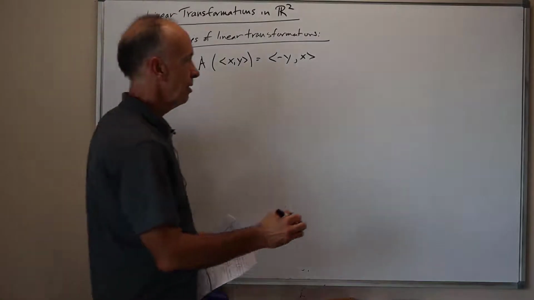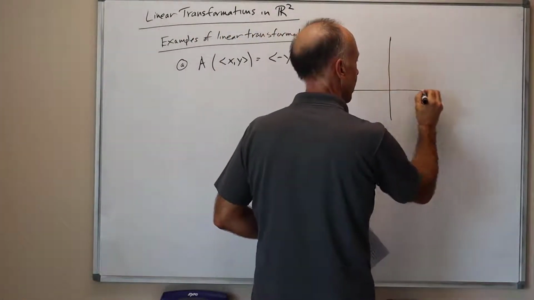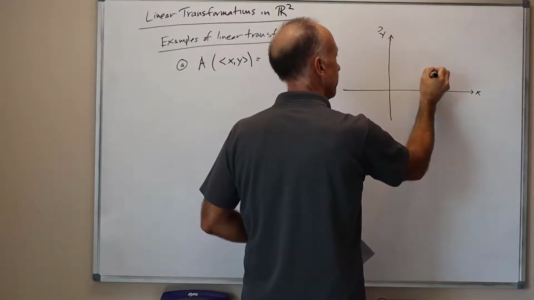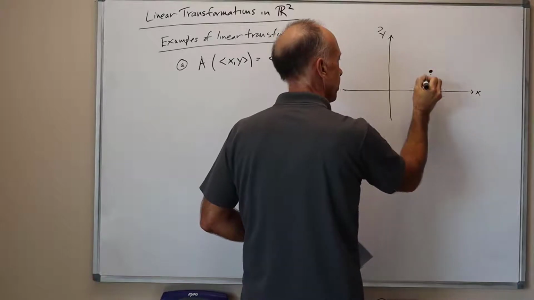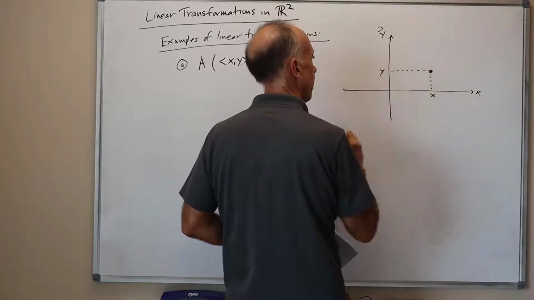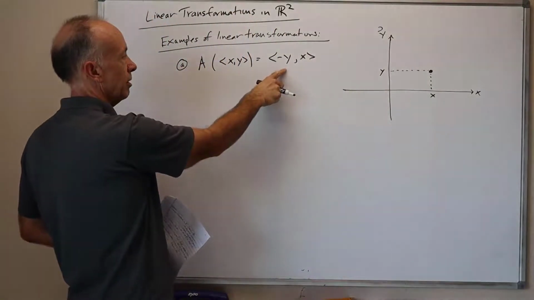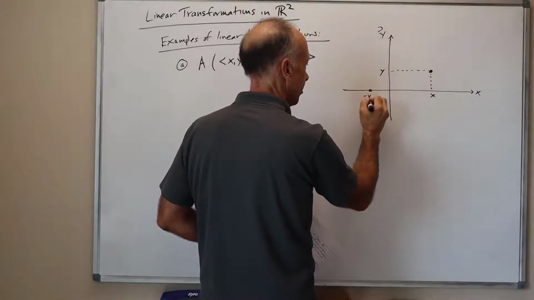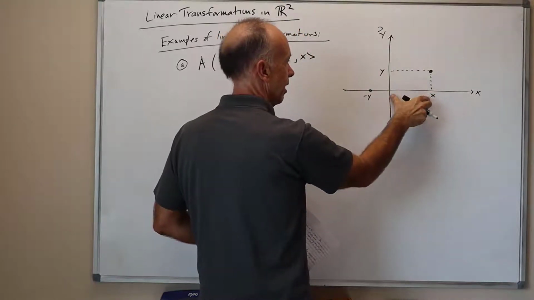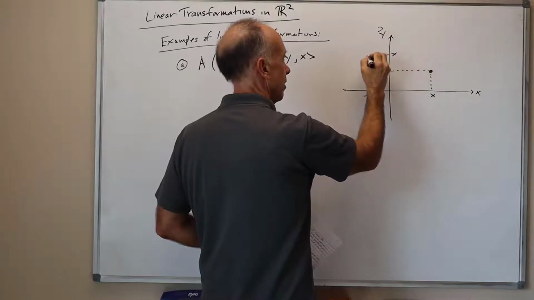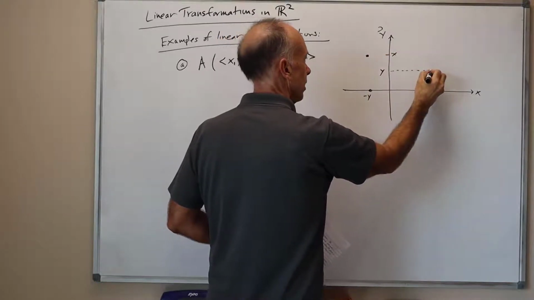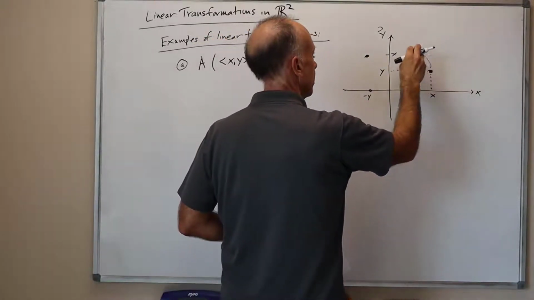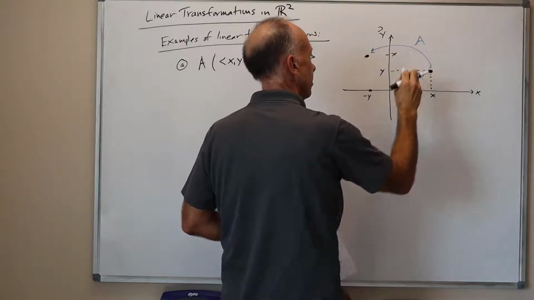We can also take a look at what this does. Let me draw the x-axis and the y-axis on the plane. And I've got some point here with coordinates x and y. And it gets mapped to the point with coordinates negative y and x. So y is this height here. So on the x-axis, here's negative y, x, and x has this length, so here's height x. So this point here gets mapped by A to that point there.